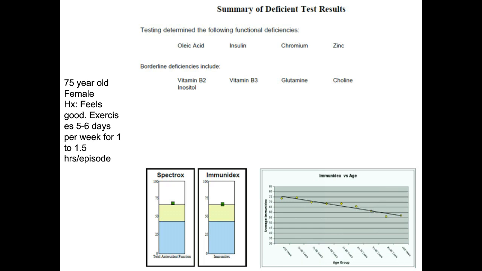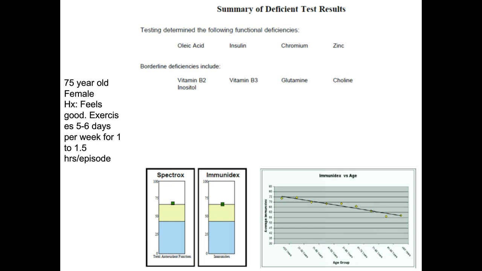She has chromium deficiency, she has zinc deficiency, she has an oleic acid functional deficiency, and she has what we call a glucose-insulin interaction. So her insulin receptors on the lymphocytes are abnormal. Well, chromium affects that, zinc affects that, B3 affects that. And then she has some borderline deficiencies, as you can see noted here.